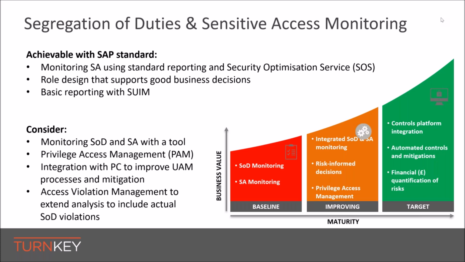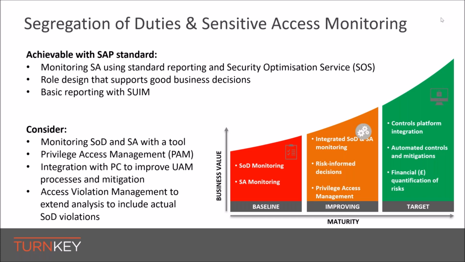And then moving beyond that, we can start to integrate the process controls capabilities of GRC to really improve your user access management processes, build proper mitigation controls into that and the monitoring of those mitigating controls, and be able to demonstrate those mitigating controls are operating. And again, there's also another tool that you might want to consider called Access Violation Management, which allows you to extend the analysis of segregation of duties to include actual risk violations.